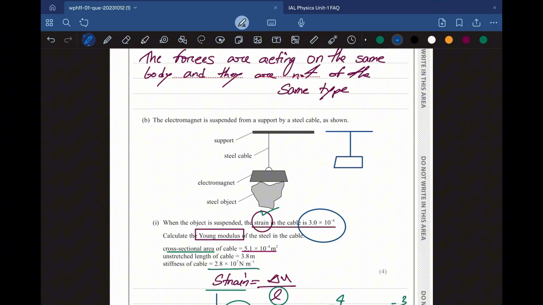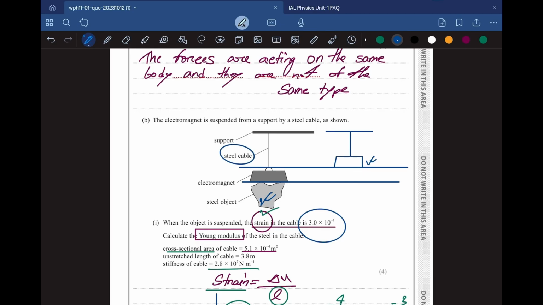Now when they switched off, the steel object fell, right? So now this is going to be at a greater height. Now this was right here, and now this is over here. So basically there is a difference between the heights. When the steel object fell, the elastic strain energy in the steel cable decreased.